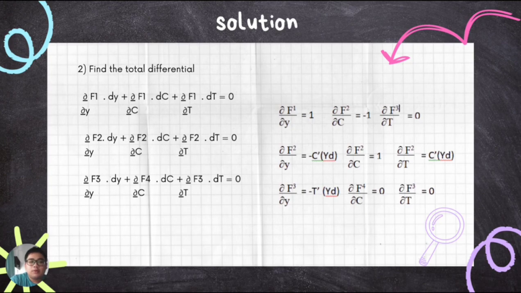Okay, the df2 over dt is equal to 0, and also df3 over dc is equal to 0.